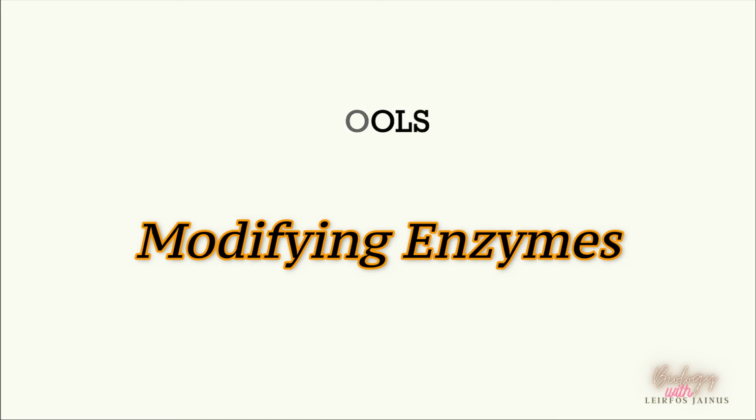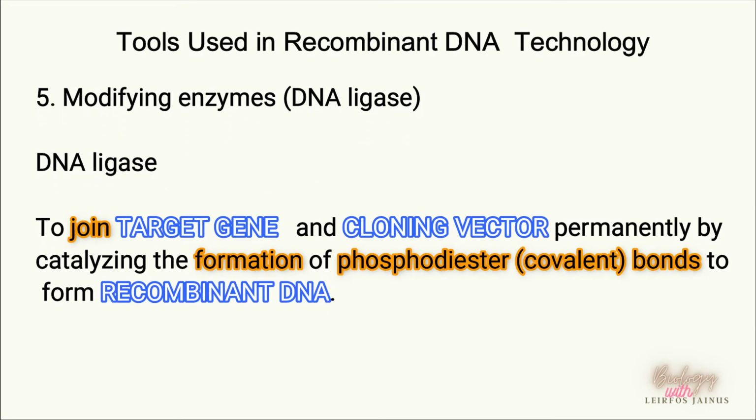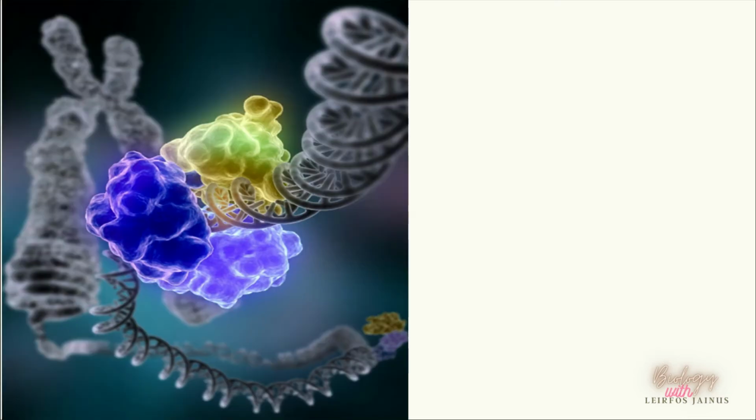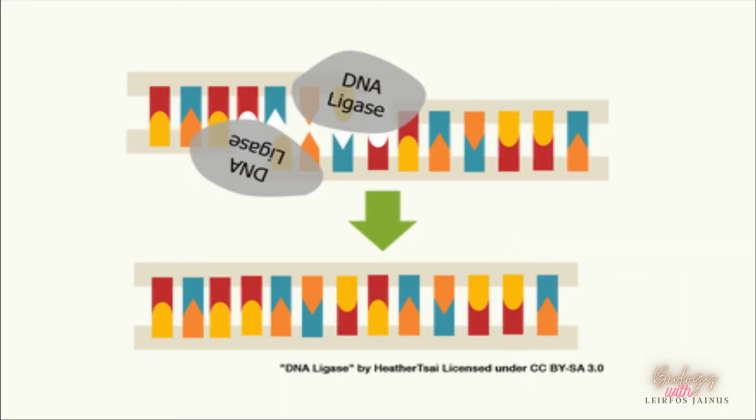Now we will discuss about modifying enzyme. DNA ligase is the enzyme that can join the target gene and cloning vector by catalyzing the formation of phosphodiester bond. Imagine that DNA ligase will act as a glue to seal the phosphodiester bond.